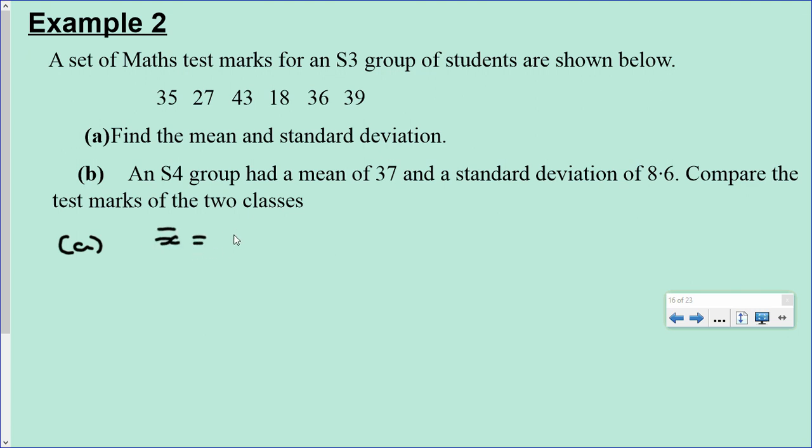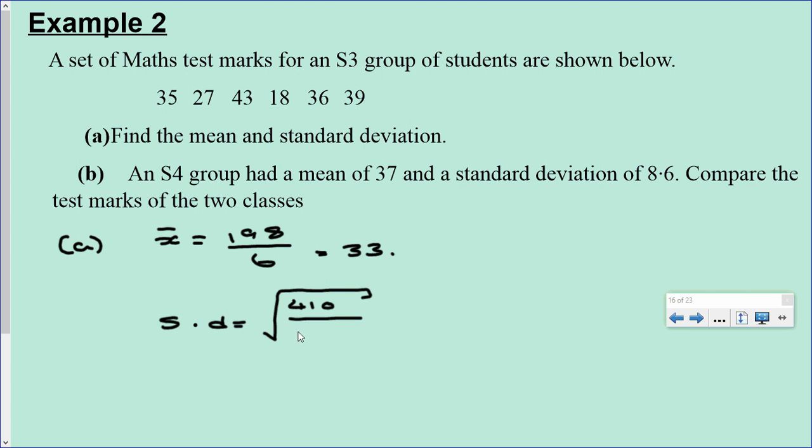So for my mean, if I add all those numbers up, we're going to have 198 divided by 6 equals 33. Lovely. And we were looking at a set of math test marks for an S3 group of students, shown below. And then my standard deviation, once I go through all my working, we should eventually get to a stage where we get 410, which is the number that comes out of our table, all divided by 6 take away 1.